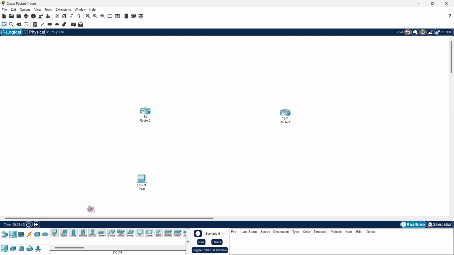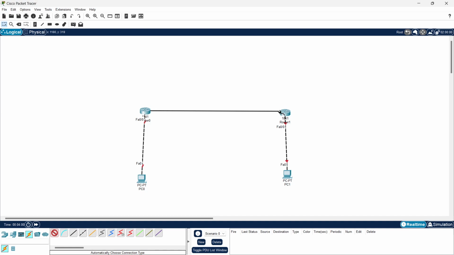We need two PCs in this topology. After that, we're going to connect the PC to the router, and then the router to the router. Okay, so this is the topology.